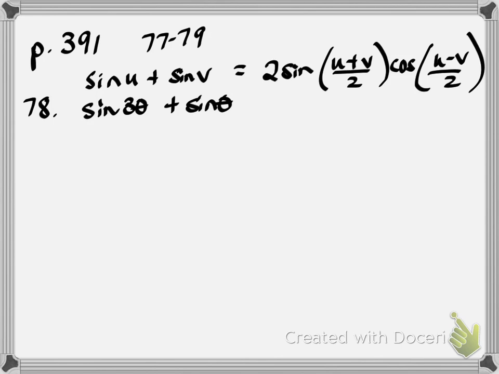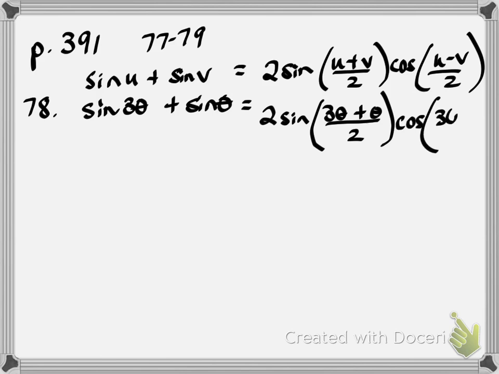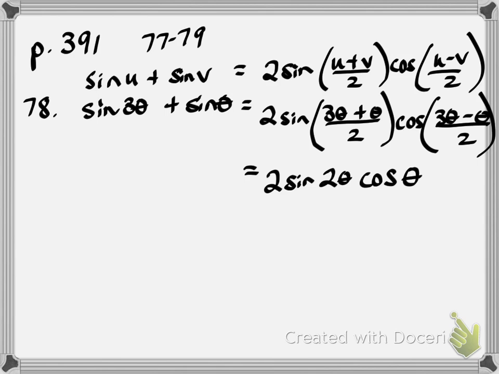Make sure you're looking at the right formula and double check it. Okay, so that's just 2 sine. Add them together. Cosine, subtract them. So that's just 2 sine. 3 theta plus theta is 4 theta over 2 is 2 theta. Cosine 3 theta minus theta is 2 theta over 2, which is theta.